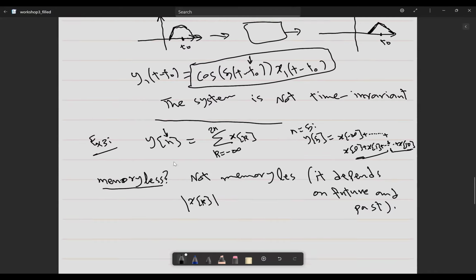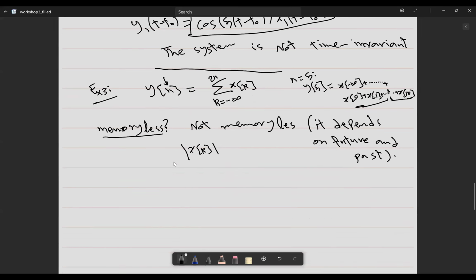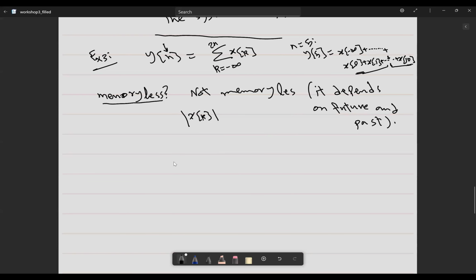Next is about causal. Is it causal? Yeah, it is, because it only depends on all the past values and the present value. It doesn't reference the future. But this 2n, oh, like in the end, for the last value, yeah, it goes to the future values.